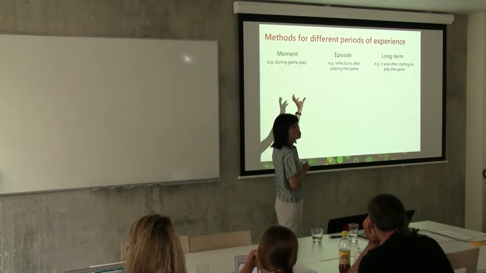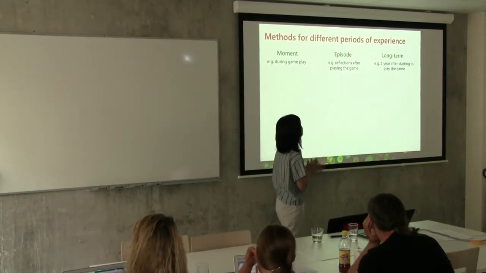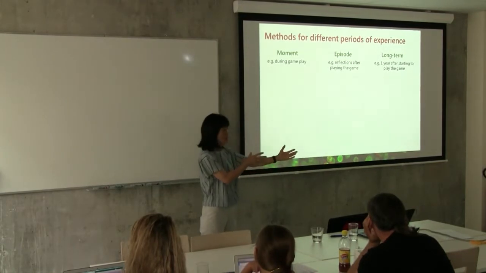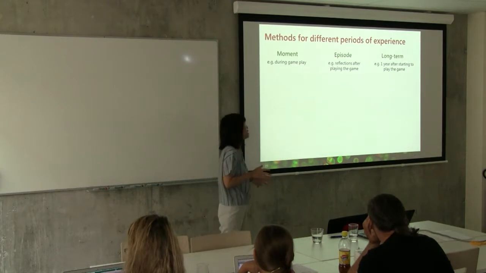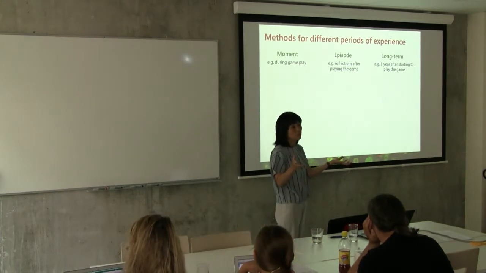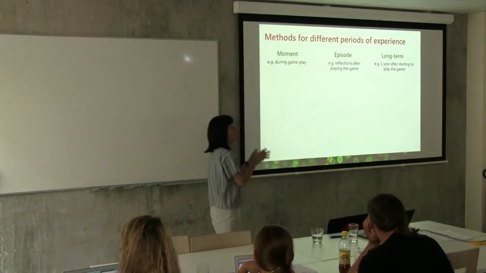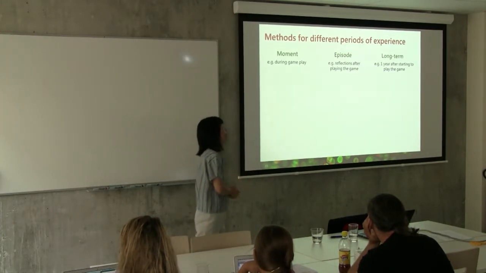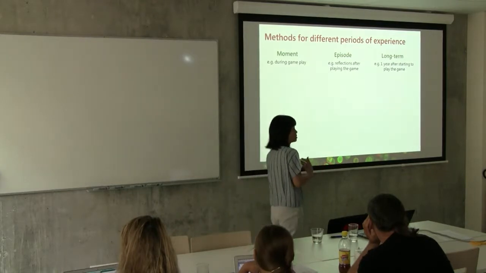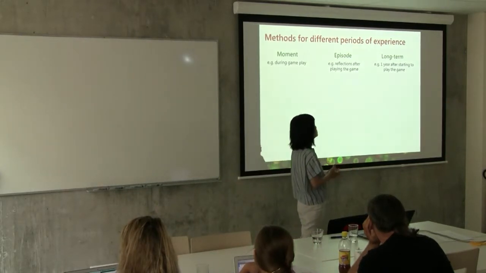But this is the moment-to-moment measurement. Episodic has a quite clear beginning and end, we call it an episode. Let's say you work on a quest in a game, this one quest may be 10 or 15 minutes. When you finish the one episode, one quest, then you ask the player to give some feedback, fill up a questionnaire, or interview them.